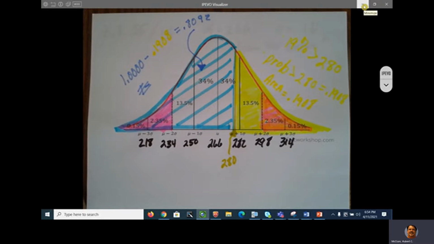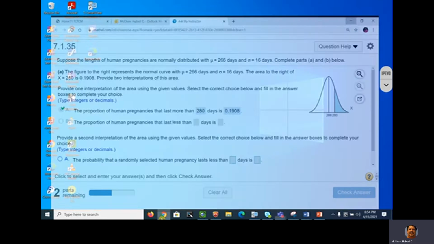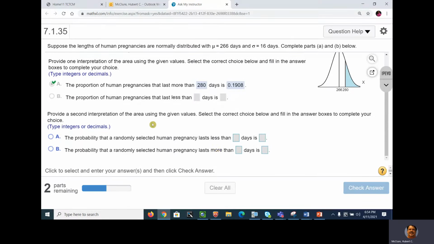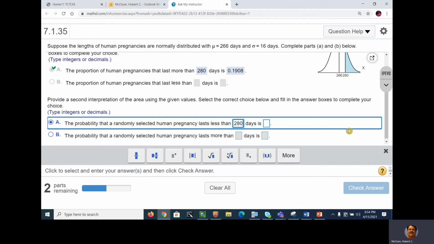We'll leave that on there for a minute. So you can hit pause. And the probability less than 280 days is 0.8092.